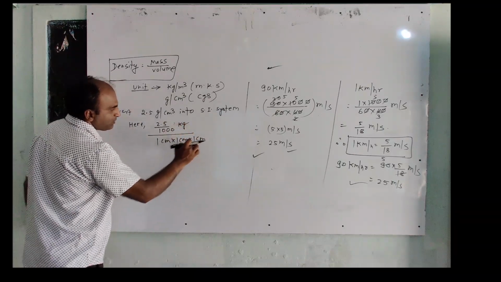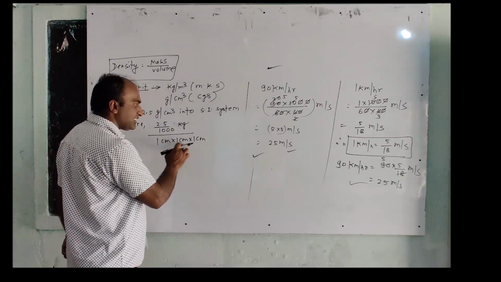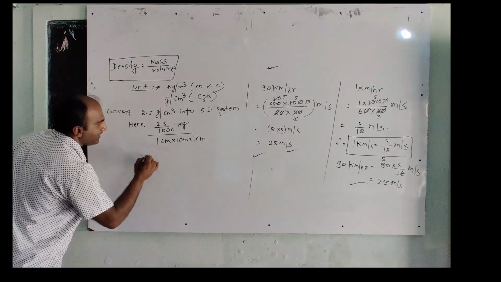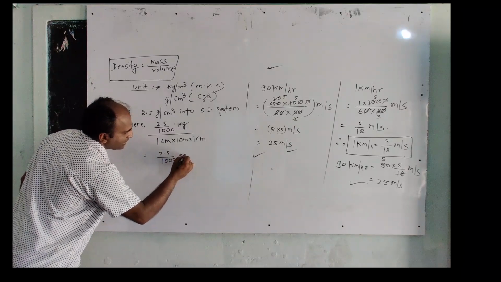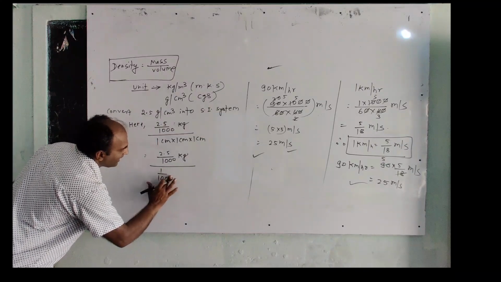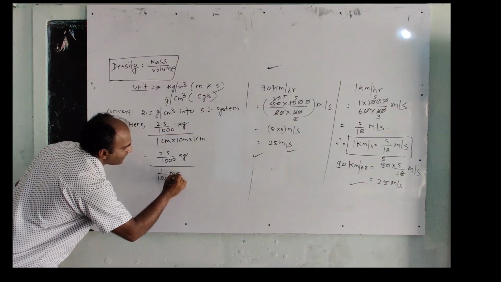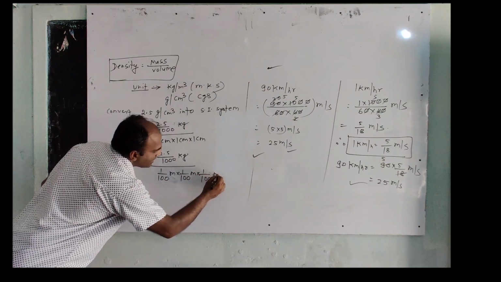This can be split into 3 factors: 1 centimeter into 1 centimeter into 1 centimeter. So 2.5 by 1000 is in kilogram, divided by 1 by 100 meter into 1 by 100 meter into 1 by 100 meter.